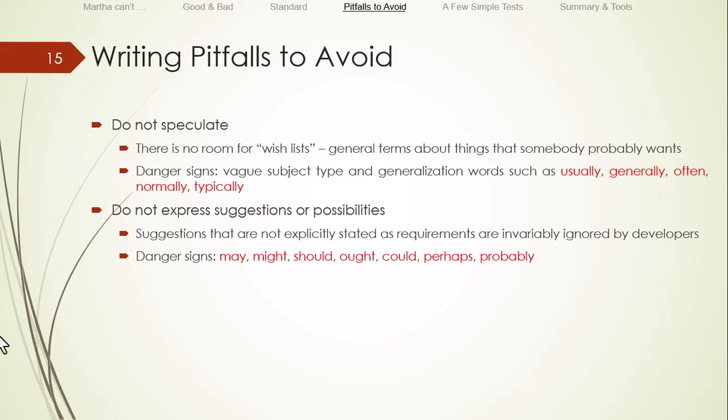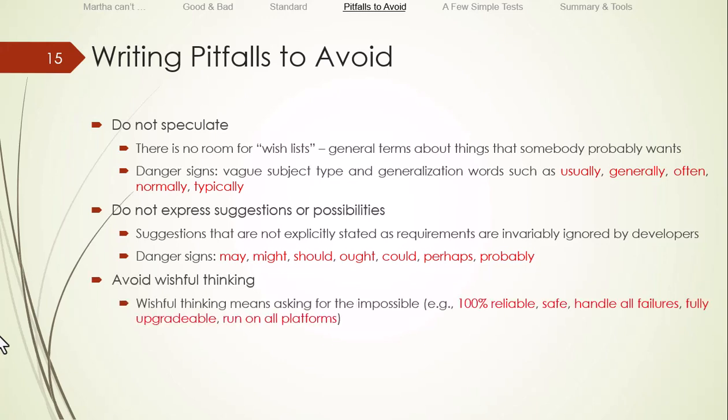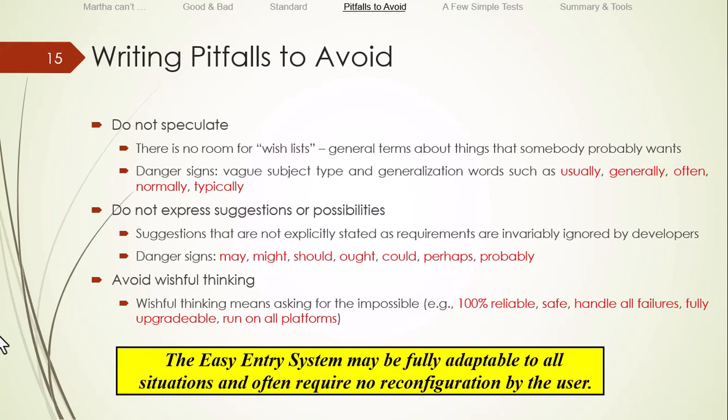The danger signs for giving suggestions or possibilities are may, might, it might be possible, it should be included, ought to, could, we could also include these, perhaps we can do this, probably. So all these terms should be avoided. These are the bad words.